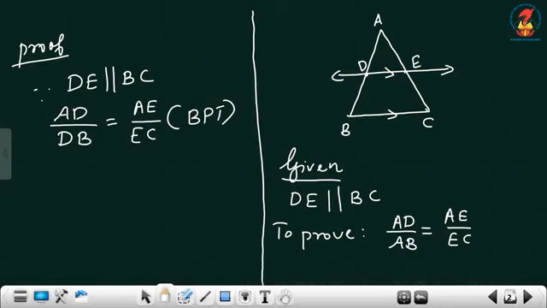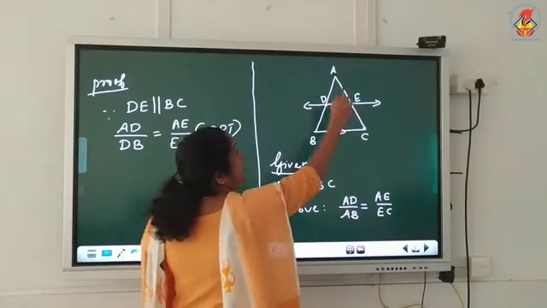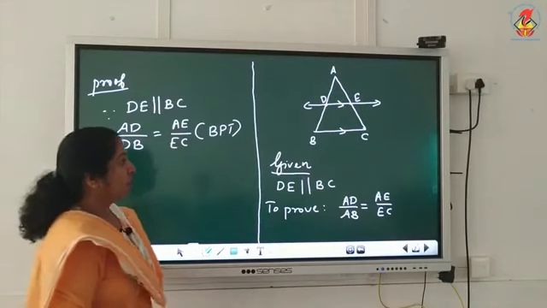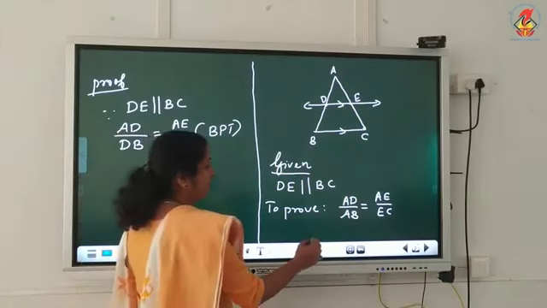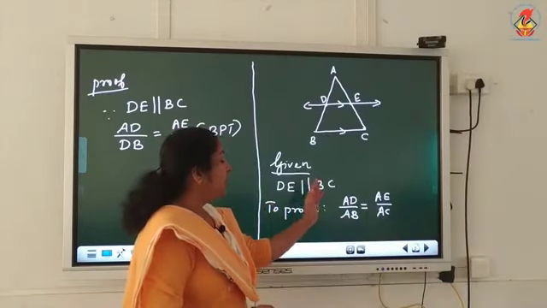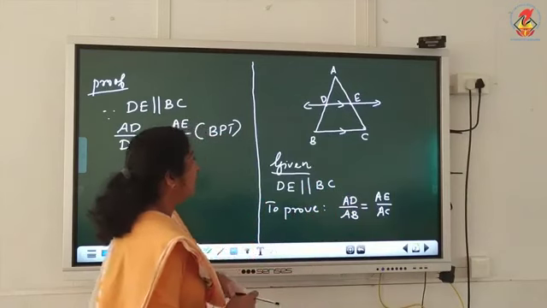So, AD by DB is equal to AE by EC, but what we need is AD by the total length AB is equal to AE by the total length AC. To prove AD by AB is equal to AE by AC.